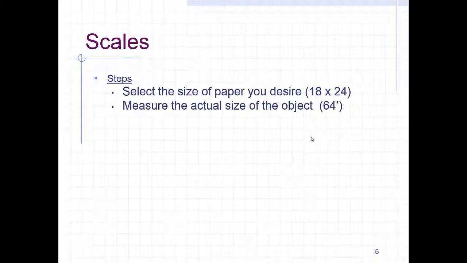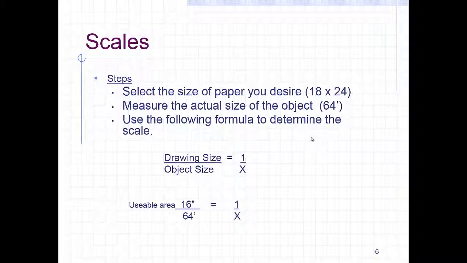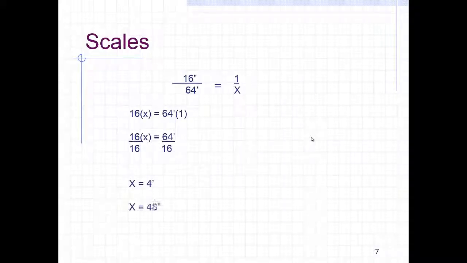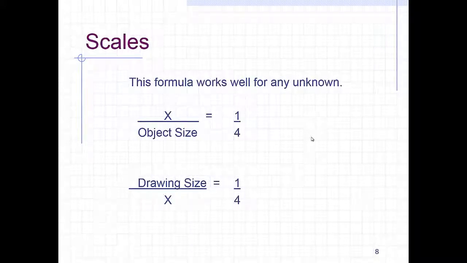Again, if we're going to lay it out on paper, we'll have to consider the size of paper, measure the size of the object, and then cross multiply basically to figure out exactly how big we want to draw something. I don't want to get into the specifics of that since we're not going to actually lay this out on paper. But these slides are up if you want to look through them a little more slowly here. And basically, if you know one value, you can calculate the others.